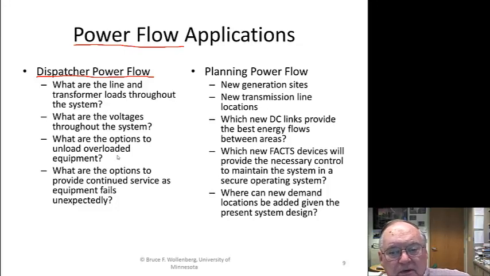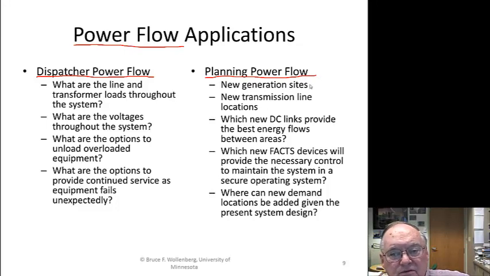Can I open up a line that's getting too heavily loaded so that the load will shift to other lines? What are options? Provide continued service as equipment fails. If I have an equipment failure, can I reconnect the system to allow the flow back into that load?